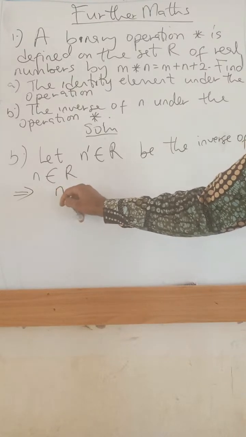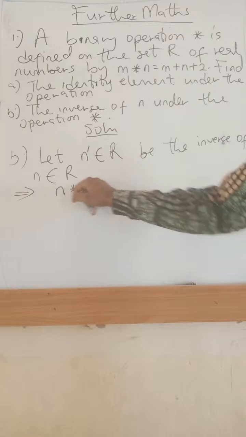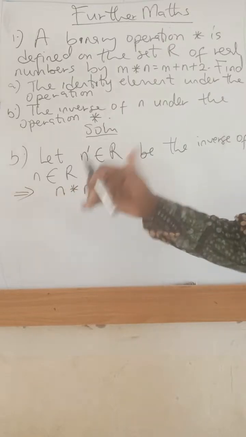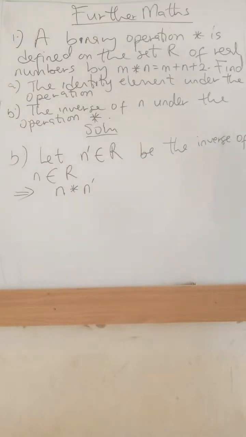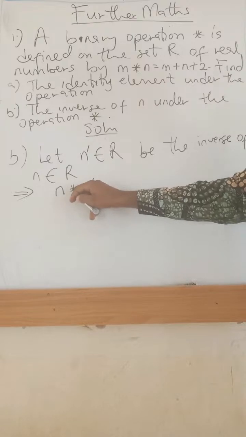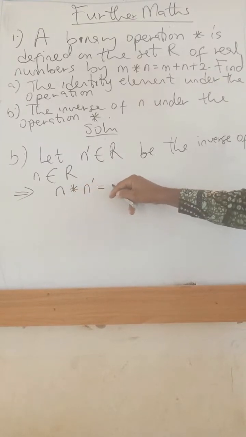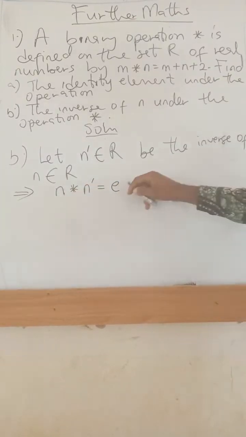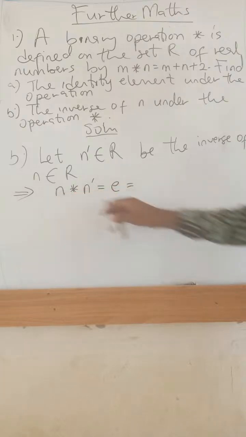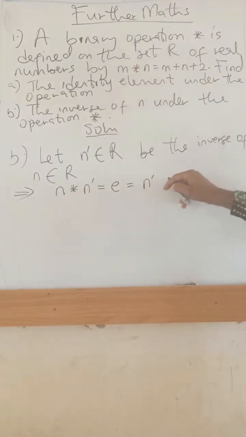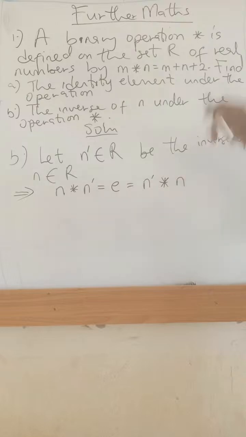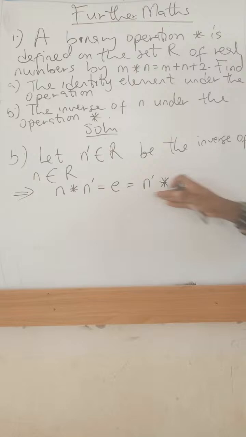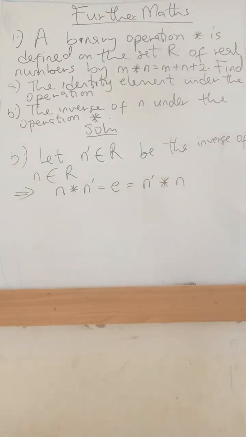Okay, so if that's the case, then just know that the identity element results from you merging, or should I say, bringing the inverse and the element together. So if you bring this element and its inverse under the operation, it should result in the identity element, and it should be commutative, such that the inverse first and the original element could still be placed interchangeably.